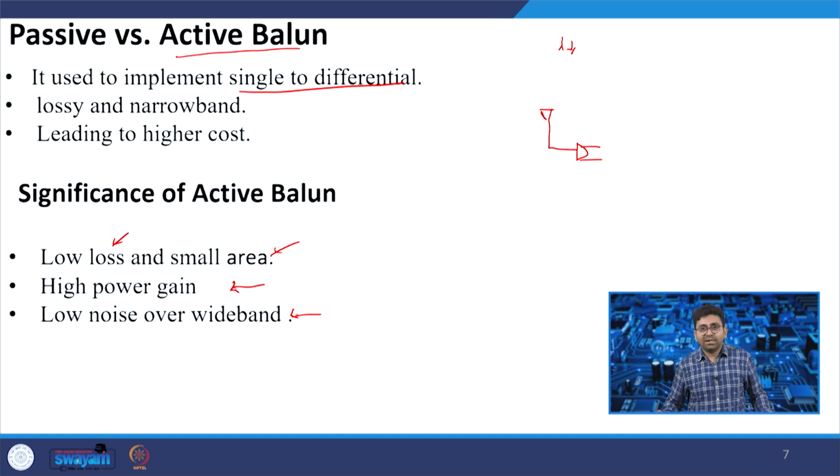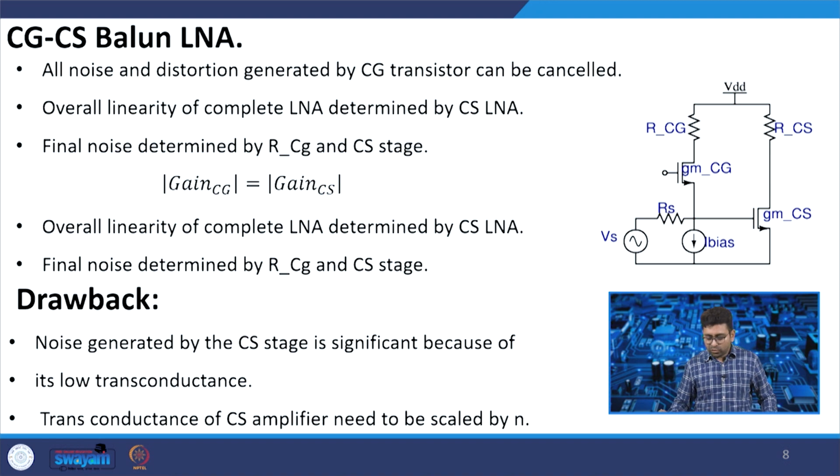So how can we design the single ended to differential? We will take advantage of both the common gate and common source low noise amplifier. So this is a combination of common gate and common source. Here we have a common gate amplifier, and this is a common source amplifier.